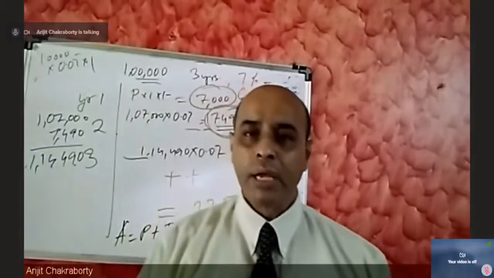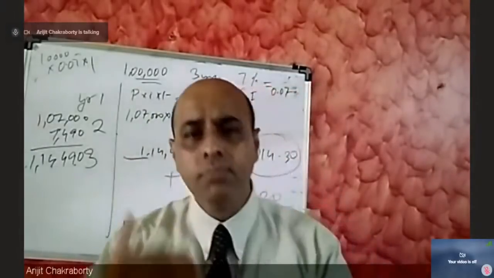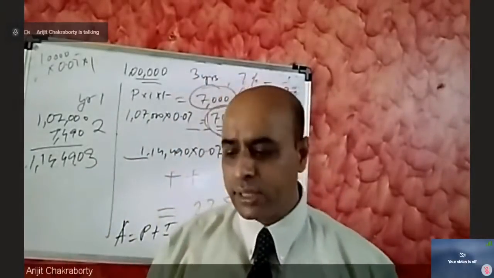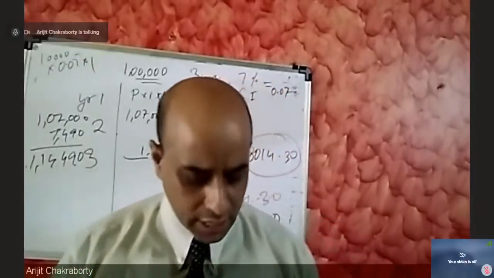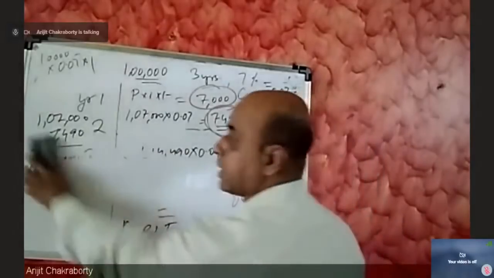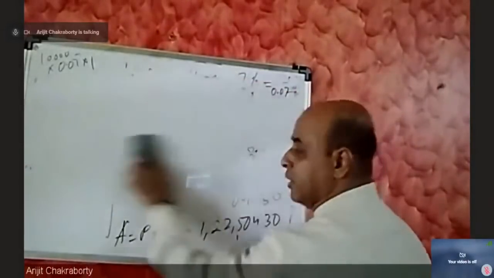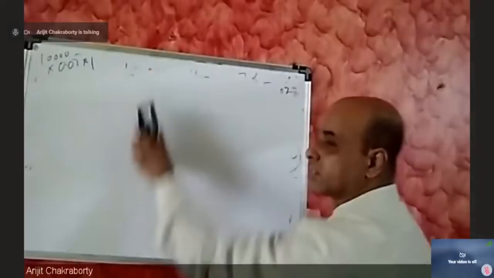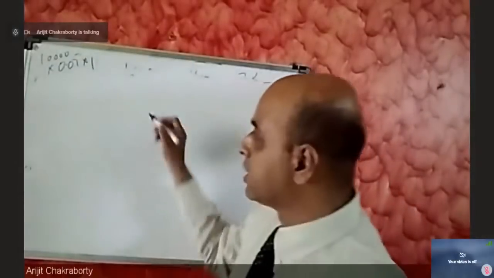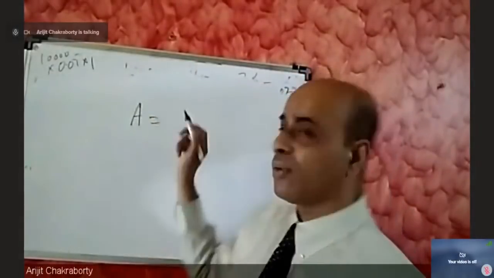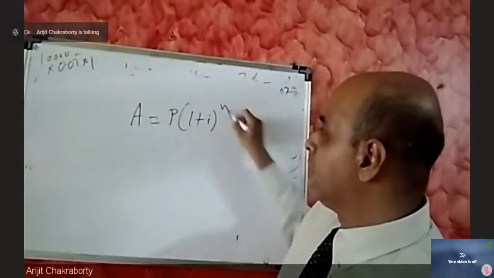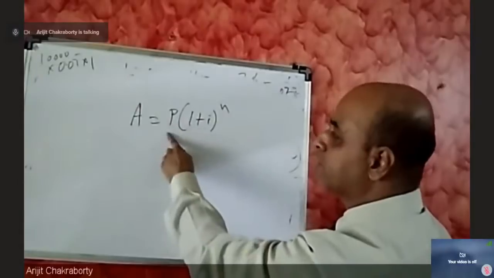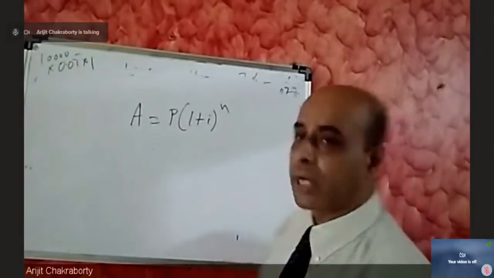Okay, so this is a problem which is given in the study material of our ICAI, and this is the best way to understand, and we will move into more difficult numericals. So you can see up till now the basic difference between simple interest and compound interest is that in case of simple interest the principal remains the same, but in case of compound interest the principal is different, and in case of compound interest we have the formula amount is equal to principal into 1 plus interest to the power n.